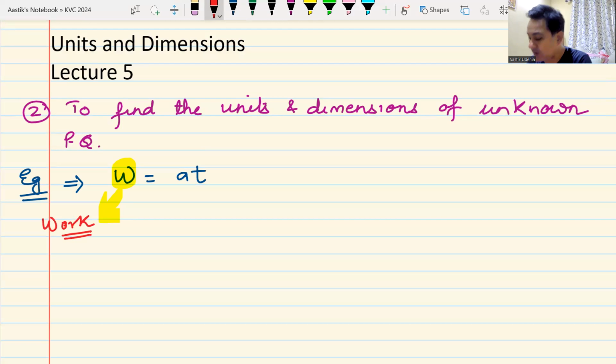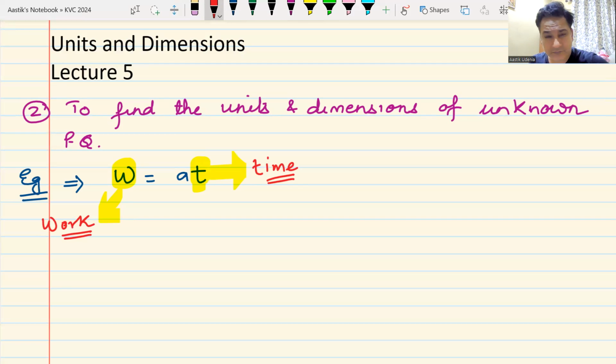Do we understand work? We have discussed the units and dimension of work. W here is work, and T here, more often than not, unless otherwise stated, will refer to time. If W refers to work and T refers to time, there is also one more unknown physical quantity that you see in this equation.